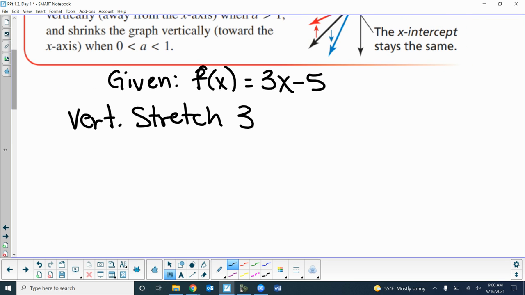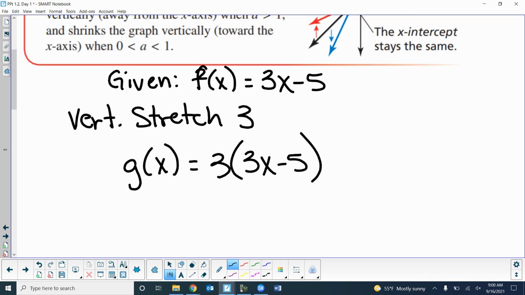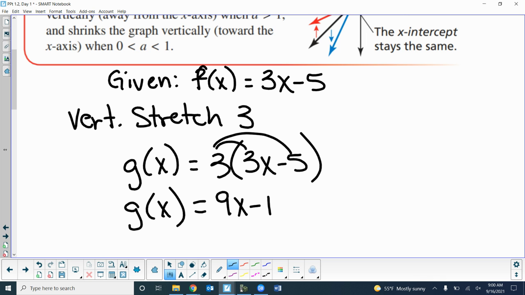Okay, we're going to go g of x equals 3 times whatever my f of x was. So to clean it up, what do I do with that 3? Distribute it. So 3 times 3x and 3 times negative 5. That's the same function. Now we did a vertical stretch by 3. Okay?